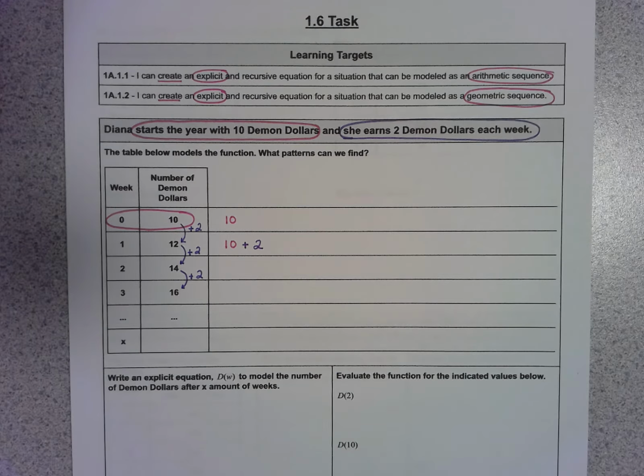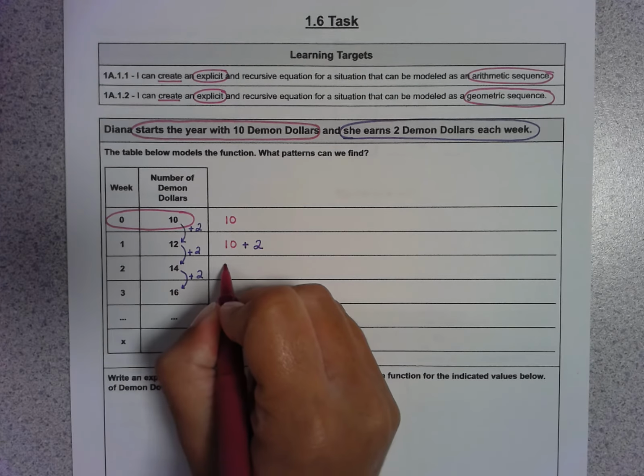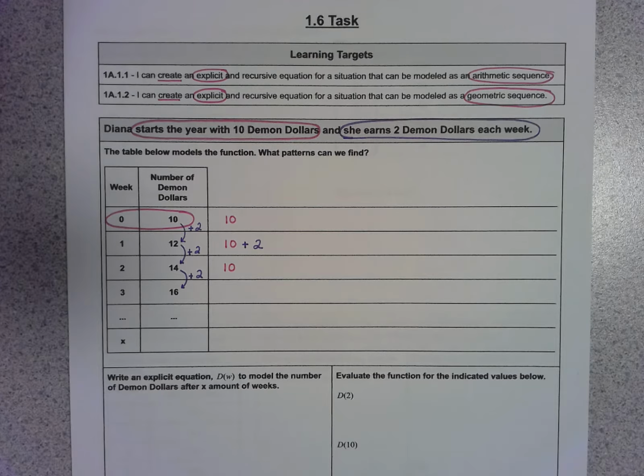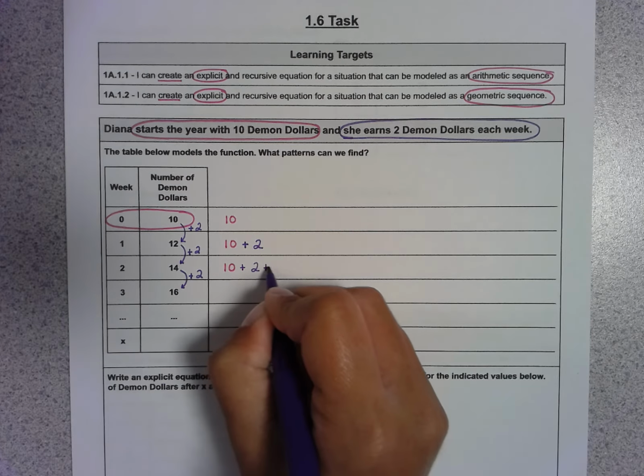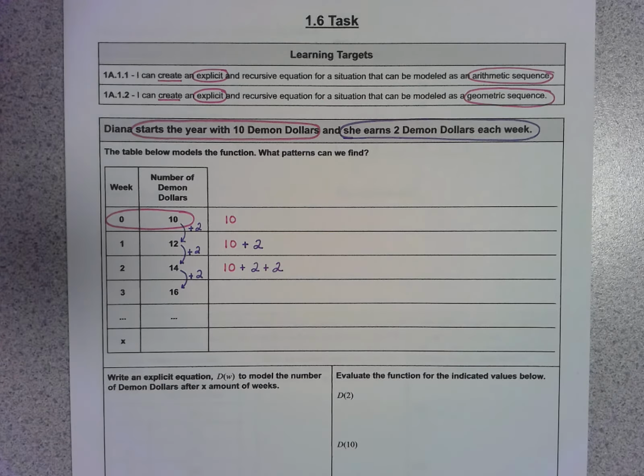So we're expanding, where did the 12 come from? It came from taking our starting value and adding 2. Now for the 14, we could say that that is really the 10 that we started with plus the 2 that we added the first time plus the 2 that we added again. We added 2 another time as we moved down to the next row of the table.